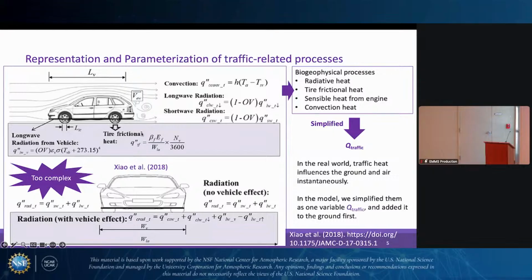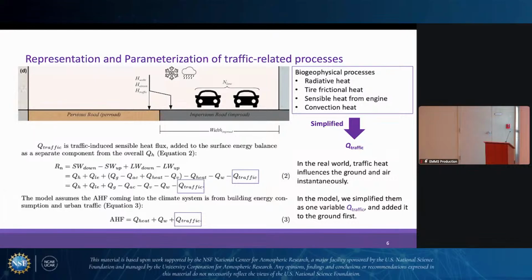CIG and the convection heat, but we simplify into one variable, the Q traffic in the model. Similar to the building energy flux, here we add the traffic heat into the canyon floor.